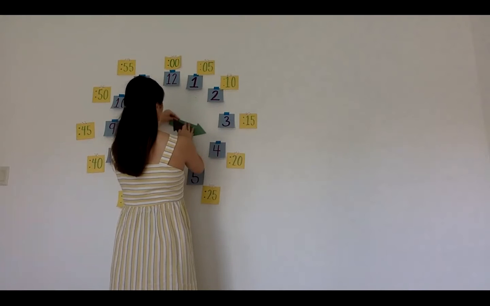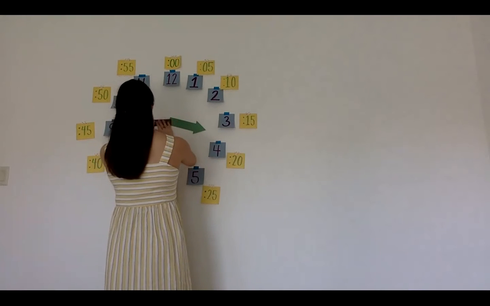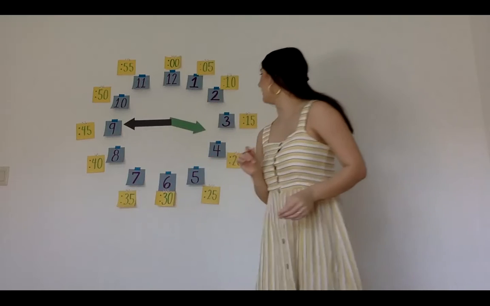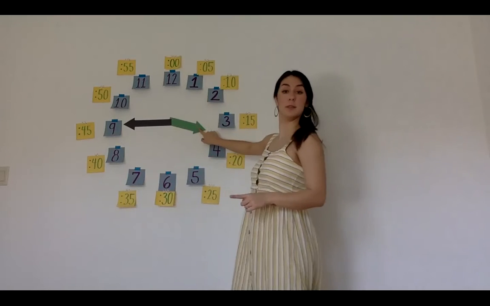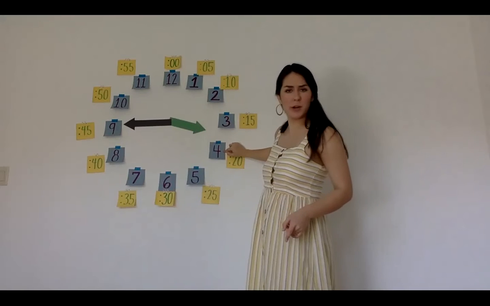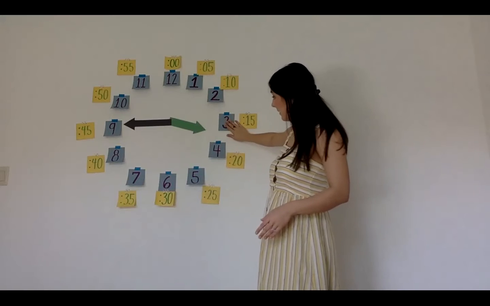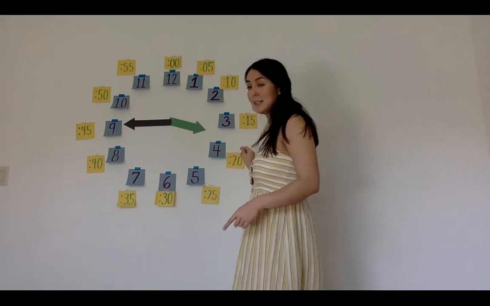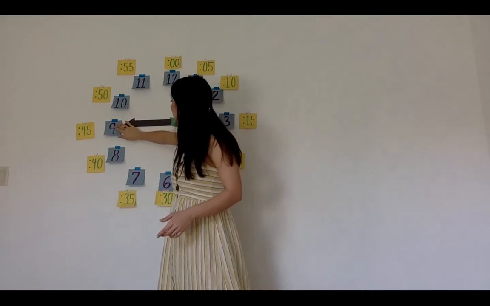Okay, so first step, look at my hour hand. My hour hand has gone past the 3. Has it made it to the 4 yet? No, it hasn't made it to the 4 yet, so it's still 3. And then my minutes, I'm gonna look over at my minute hand, the long one, and see that it's pointing to the 9, which is 45 minutes.